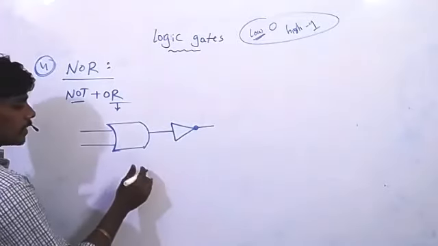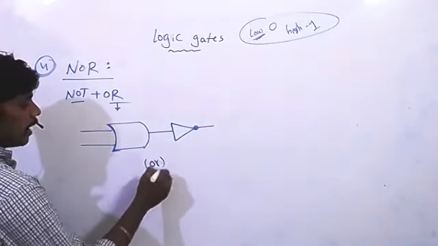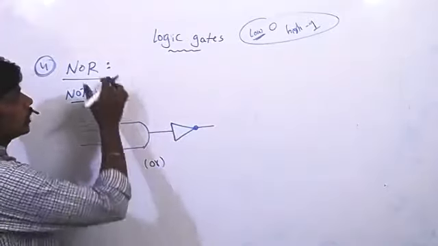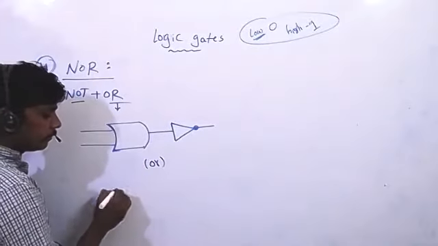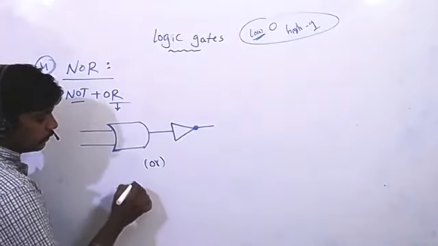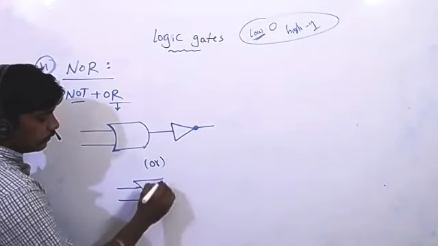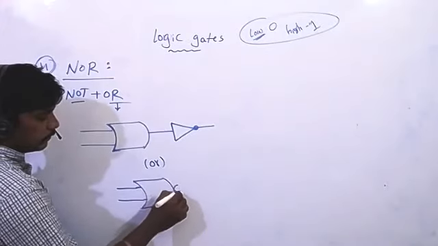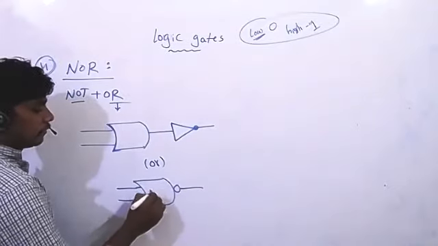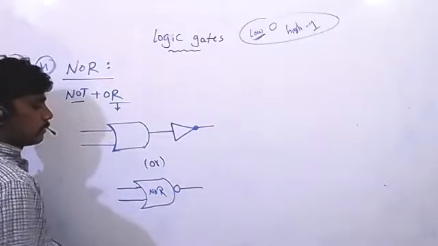So this combination, I would have to draw every time. It is very difficult to draw like this. So the NOR gate symbol, I am going to give you. It is the NOR gate symbol.